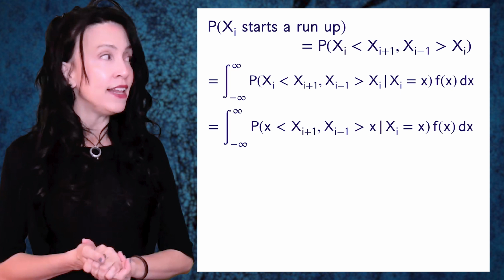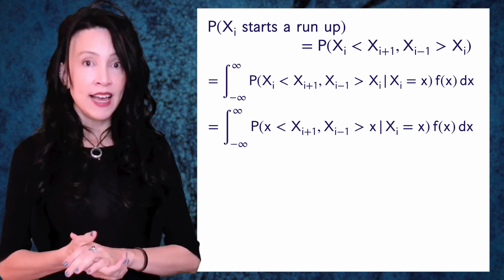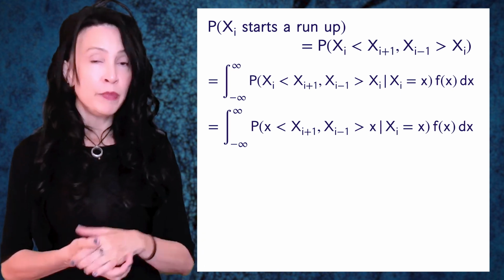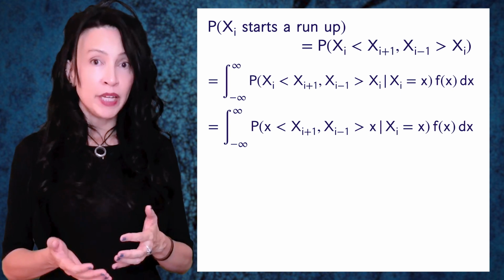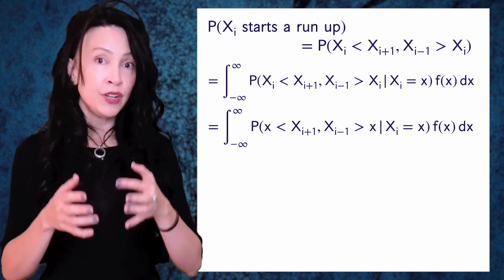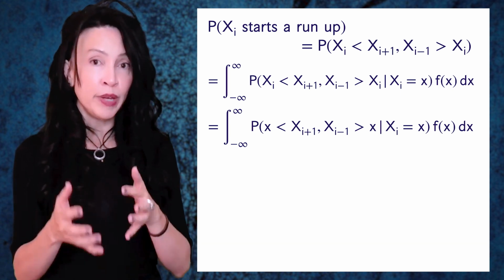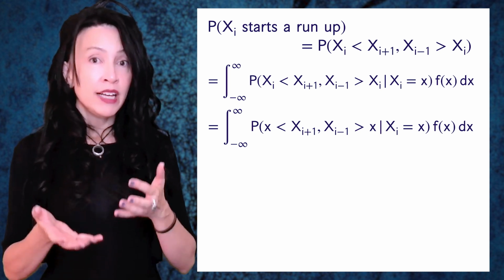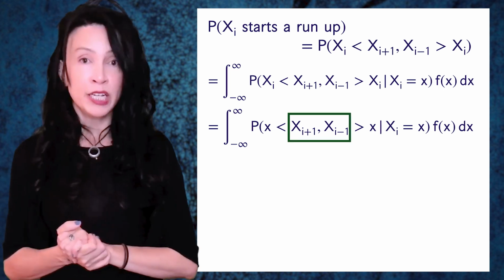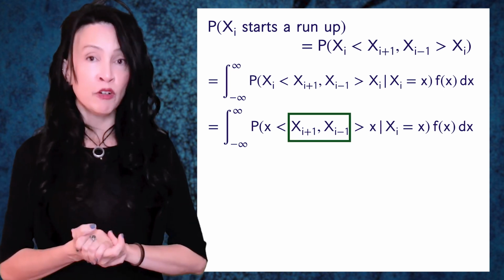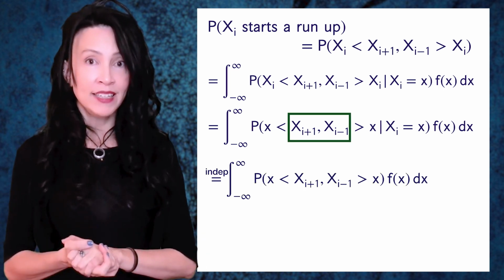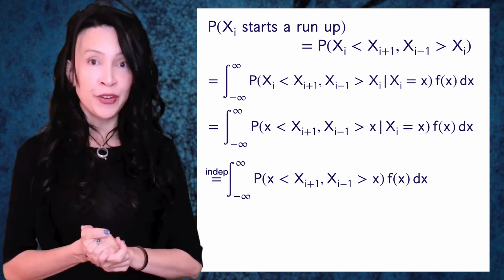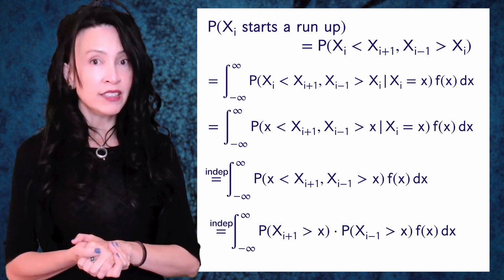Now I note that x sub i minus 1 and x sub i plus 1 are, by assumption, independent, because we're computing this expectation under the assumption that we have independent values. Because they're independent of capital X sub i, I can drop the given information about capital X sub i, and because they're independent of each other, I can break this up into a product.